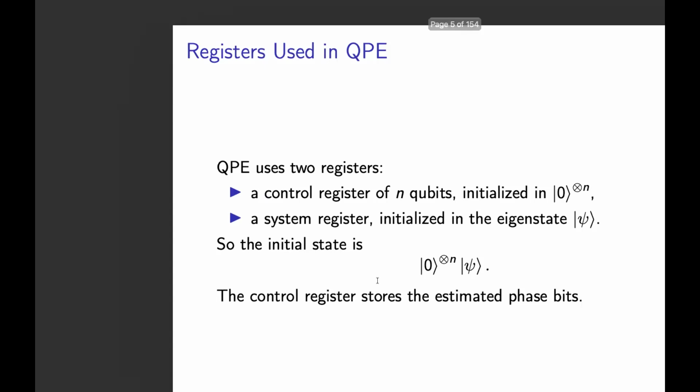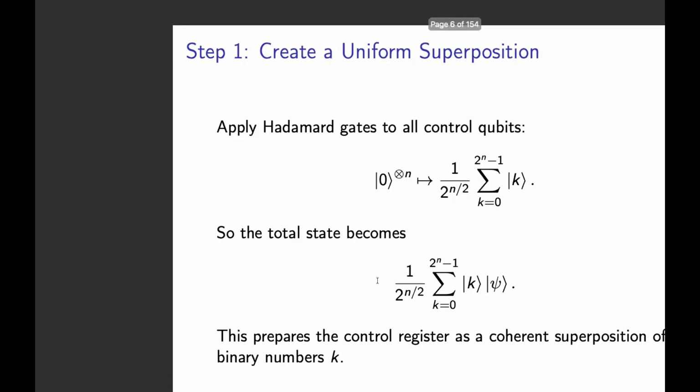So what we discussed last time was that the QPE uses 2 registers, one which is called a control register, and then we have a system register so that we can actually decouple the two and find the phases which then link with the eigenvalues of psi from the control register. So the control register is the one which stores the estimated phase bits.